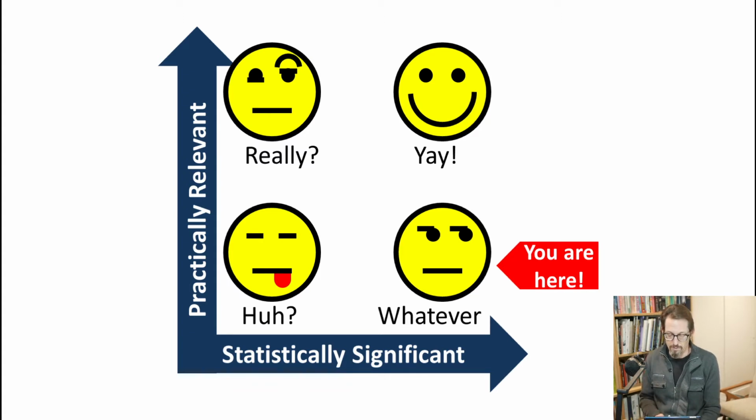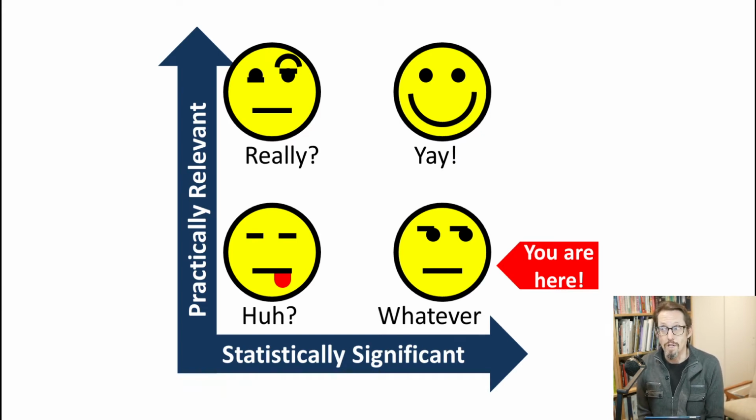Right? So, for instance, let's think about it. We have a cure for baldness. And the company that's bringing out this cure for baldness is getting a lot of investor money because they've said, hey, we can show, in a statistically significant way that our magic potion makes your hair grow back.